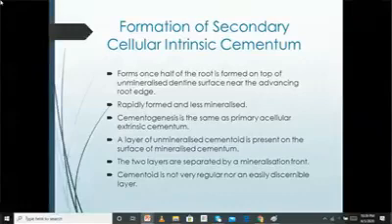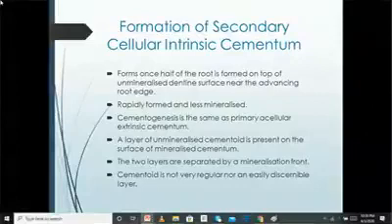The second difference is that this type of cementum has cellular bodies entrapped within its matrix. That is why it is called the cellular variety. And the collagen fibers within this type of cementum are entirely coming from the cementoblasts themselves, so they are called the intrinsic fibers. That is how the name cellular intrinsic fiber cementum for secondary cementum originates.